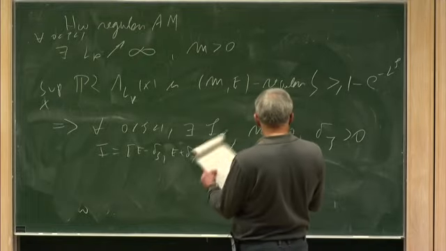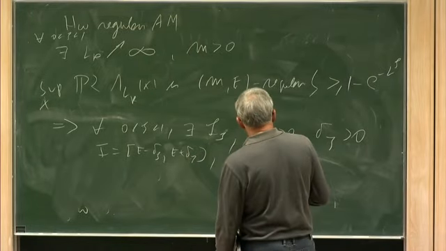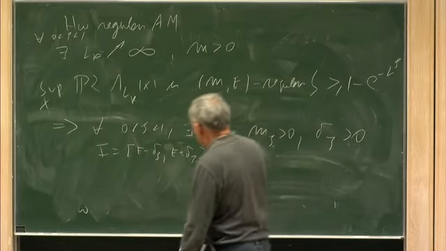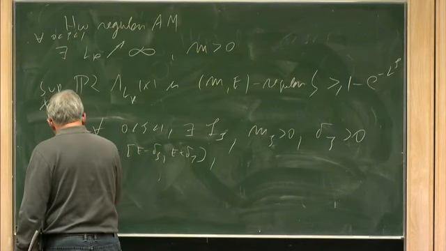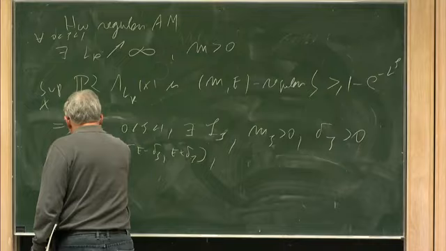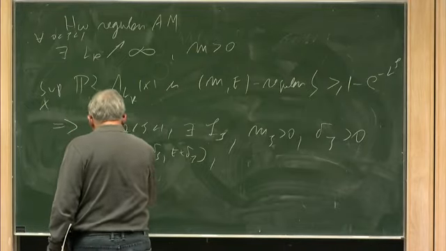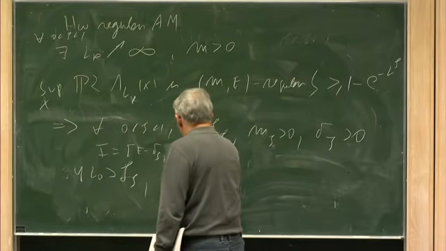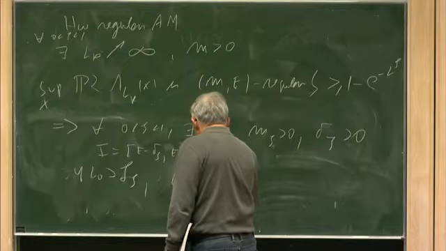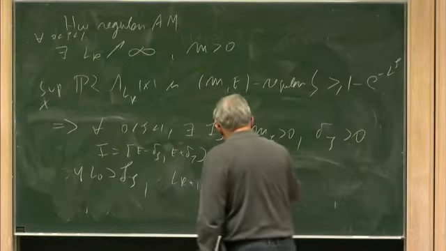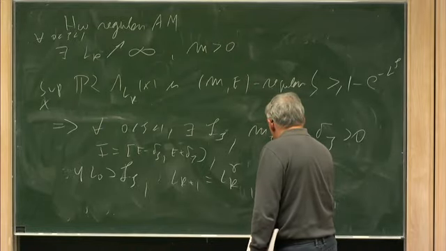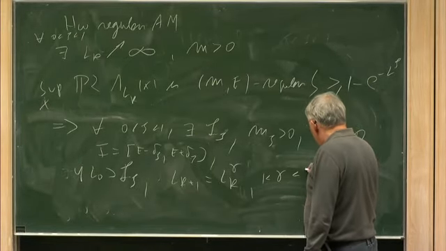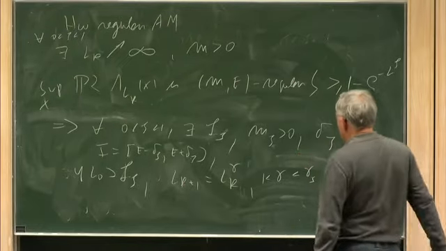then I can find scales such that if L0 is bigger than this initial scale, and I define the scale this way, gamma is bigger than 1, and it has to be smaller, depending on zeta, which I'll come to.